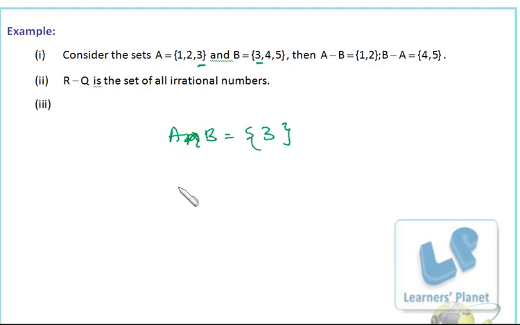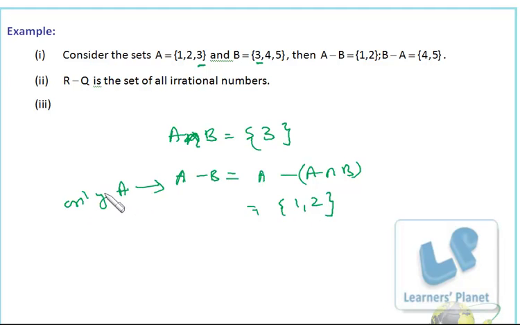Now A minus B will be all the elements of A which are not there in B. That means precisely A minus A intersection B. So A is 1, 2, 3 and A intersection B is 3. That means A minus B will be just 1 and 2, the elements which are part of only A. So this is only A.